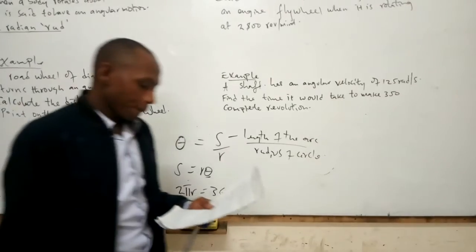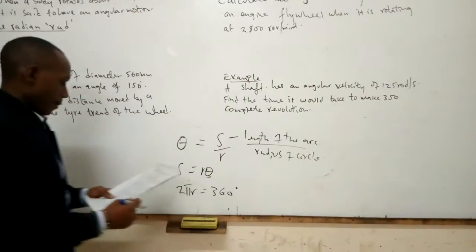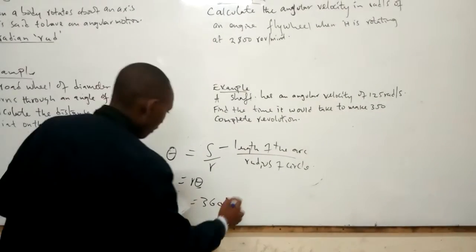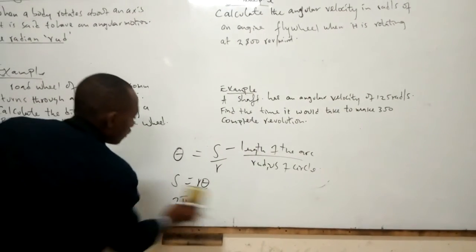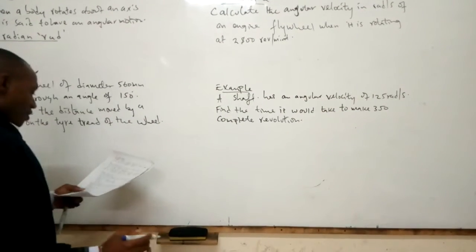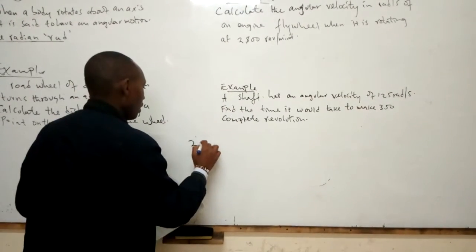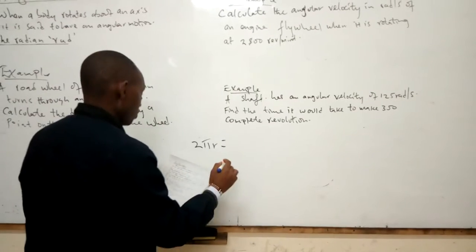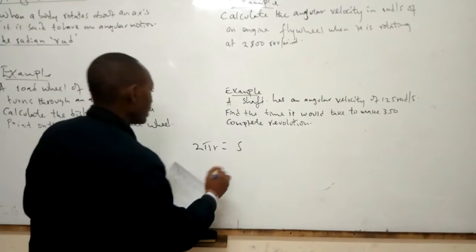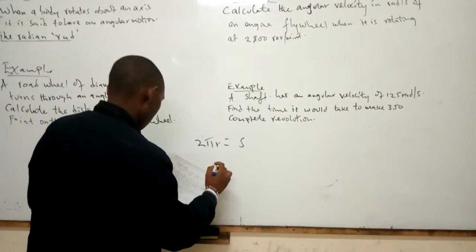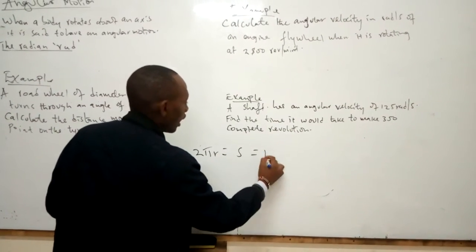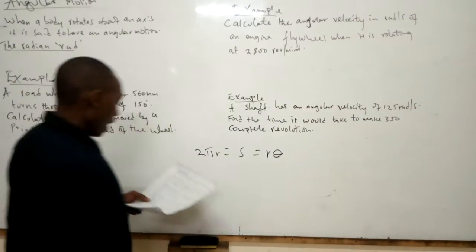So 2 pi r is equal to the arc length s, and we also say s is equal to r theta.